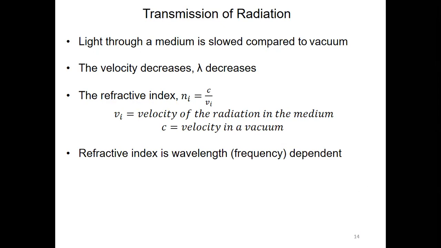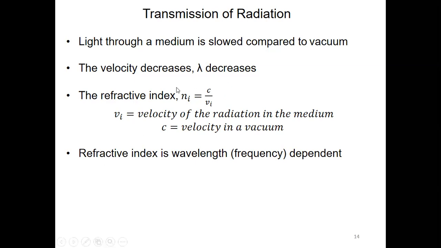So when the velocity decreases, the wavelength will decrease. And there's a thing called the refractive index. Using that refractive index, we can see how much this velocity changes when it passes through different media.